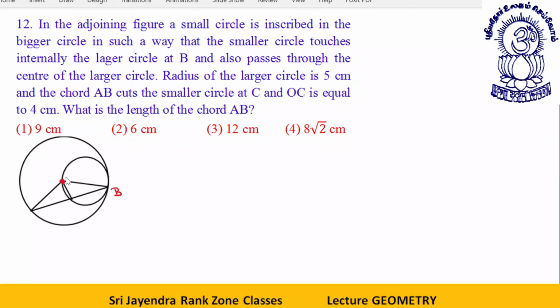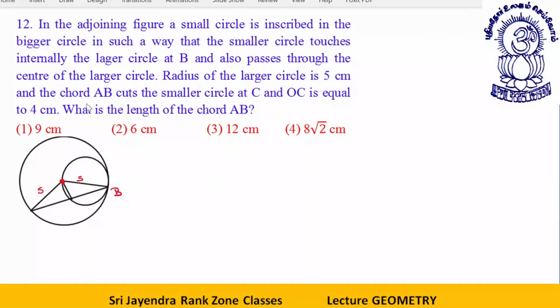The smaller circle passes through the center of the larger circle. What does it mean? Okay. The radius of the larger circle is 5 centimeter. So I can say this is 5, this is also 5. So if this is the center of the larger circle, fine.